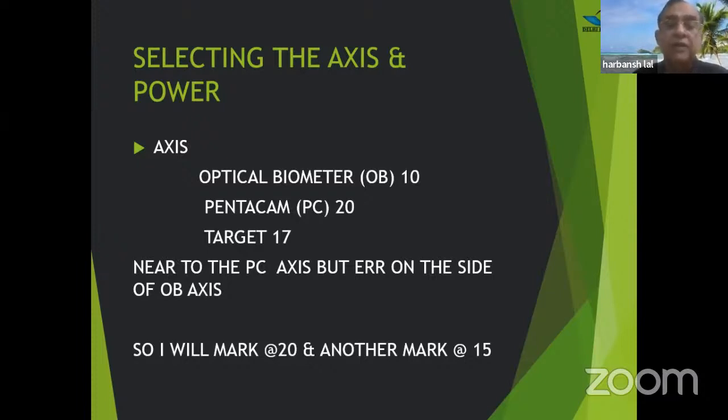That means I will mark the axis at 20 and another at 15, so that anything between 20 and 15, but I should definitely not go beyond 20. Even if it is 12, 15, 17, there is always a little bit of doubt whether you are perfectly matched or not, so err on that side.